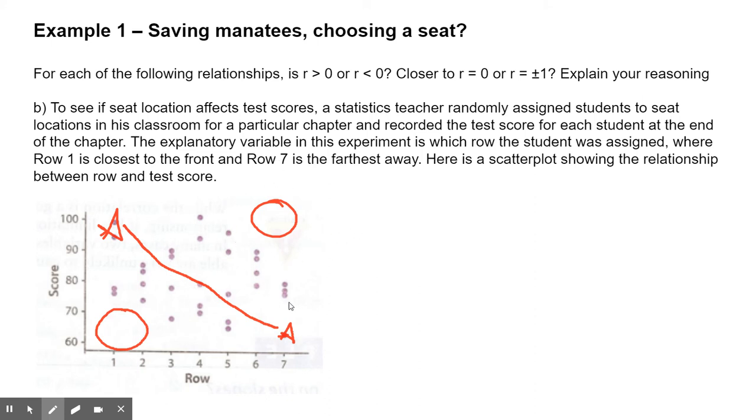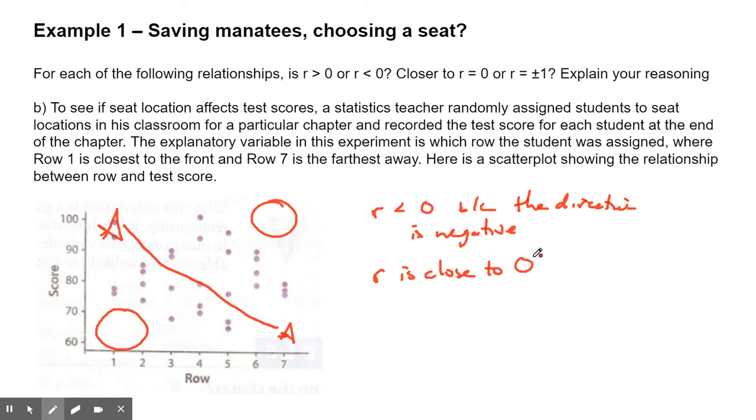I do see that it is a negative relationship. So we're going to say r is less than 0 because the direction is negative. And again, it might not be very strongly negative, but the points that I've starred lead me to a negative relationship. But because the dots are so scattered, I'm going to say that r is close to 0.